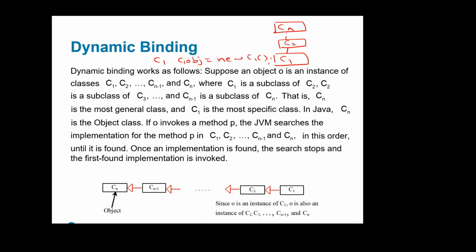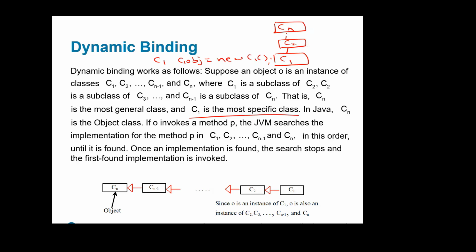In this case, the same method is there in Cn, it is also there in C2, and it is also there in C1. Then it is going to execute the method if it is there in the immediate class. So the object will always invoke a method if it is specific to that class. And if that method is not implemented there, it is borrowing whatever method is implemented in C2.